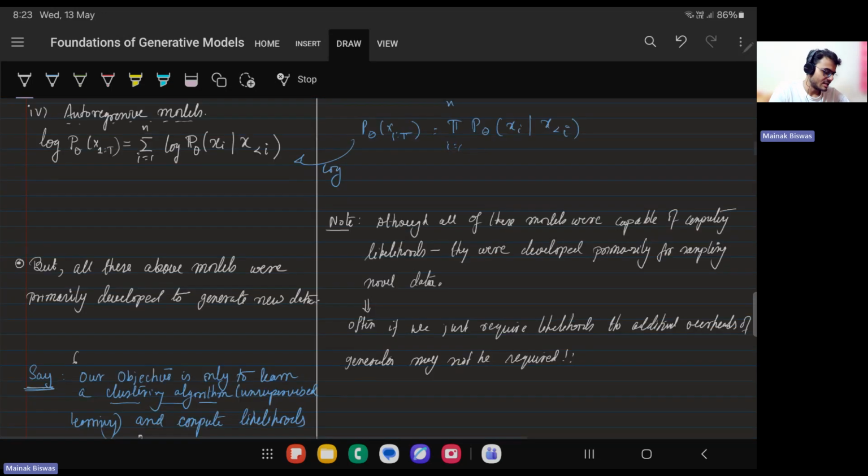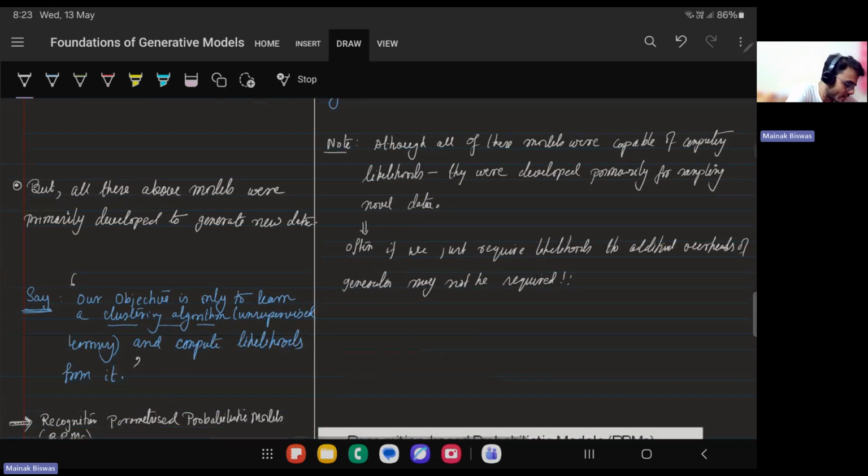So the idea is, our objective is to learn unsupervised clustering models, the unsupervised clustering algorithms, and compute likelihoods from it. So it will be a probabilistic model, having p theta of x, which is also a generative model, but we won't explicitly learn a sampler.